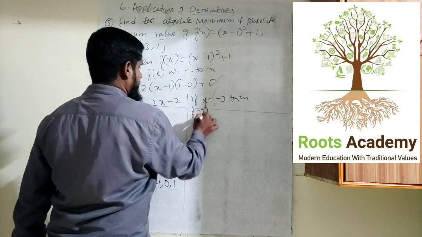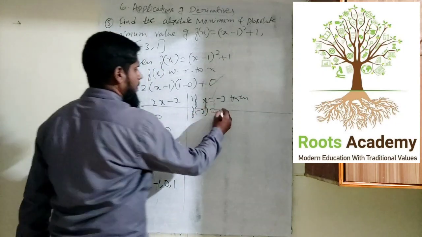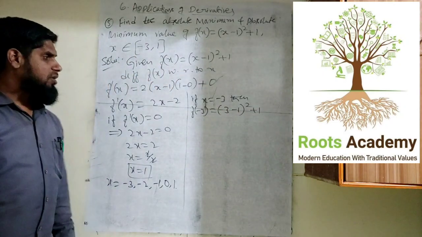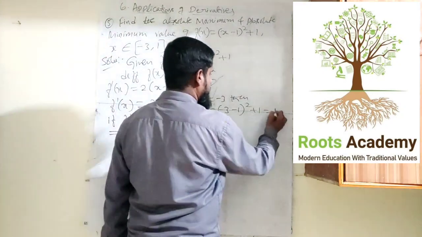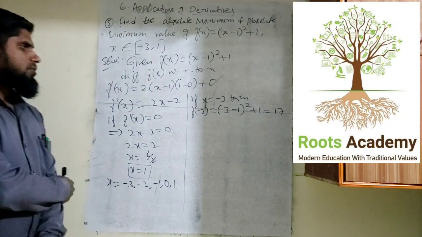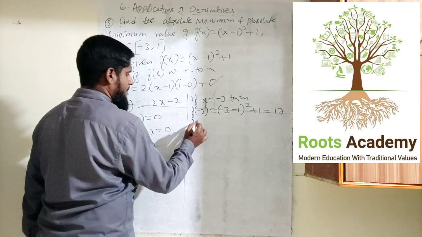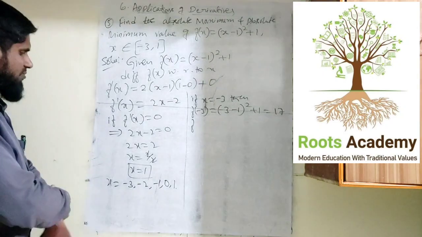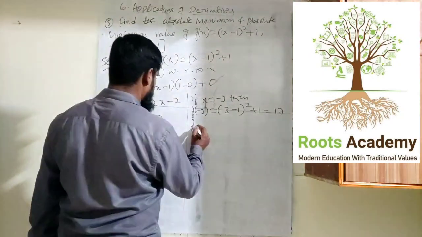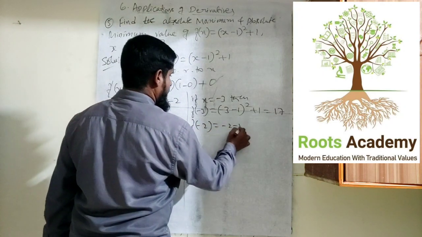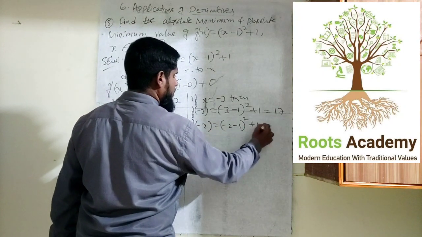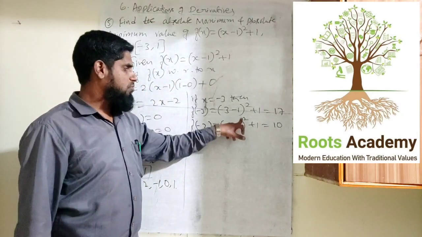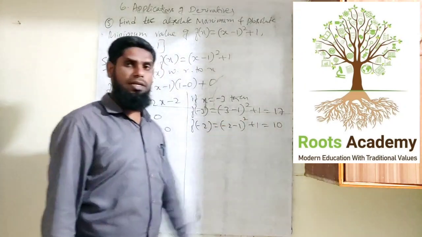then f of minus 3 is equals to (minus 3 minus 1) whole square plus 1. Minus 4 whole square is 16 plus 1, it is 17. The next, x is equals to minus 2: (minus 2 minus 1) whole square plus 1. Minus 2 minus 1 is minus 3, whole square is 9, 9 plus 1 is 10.